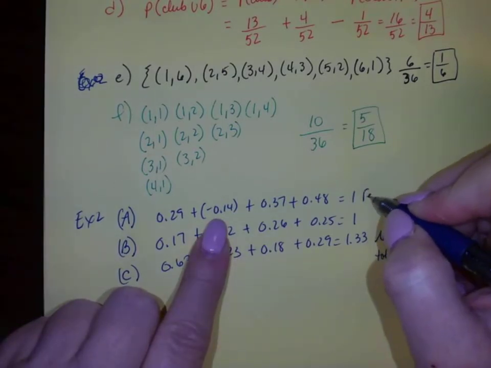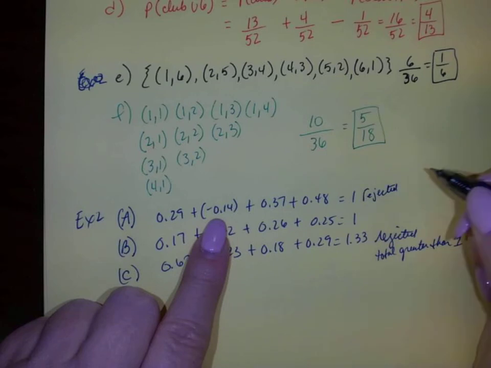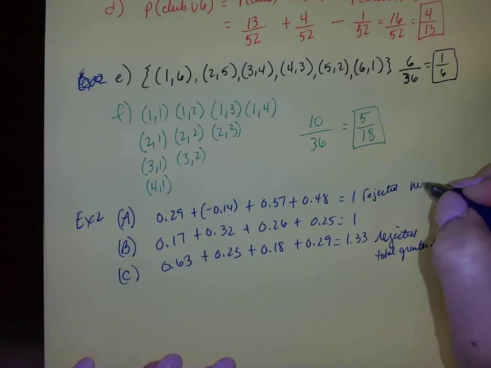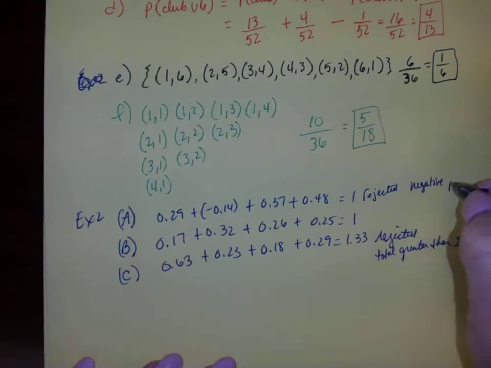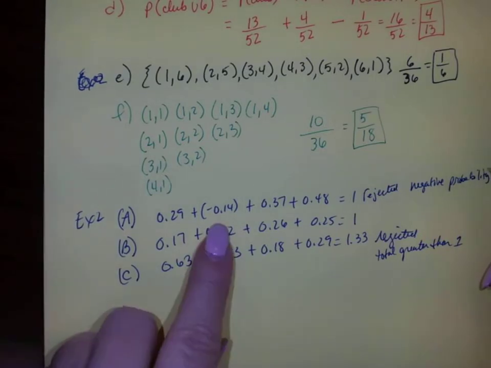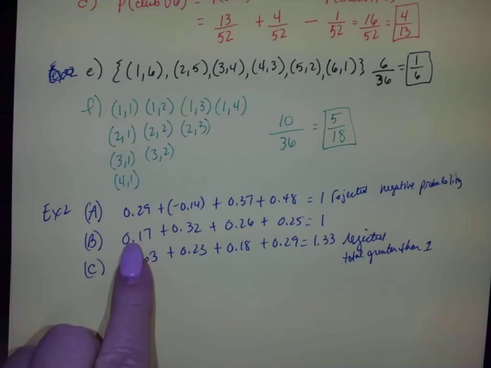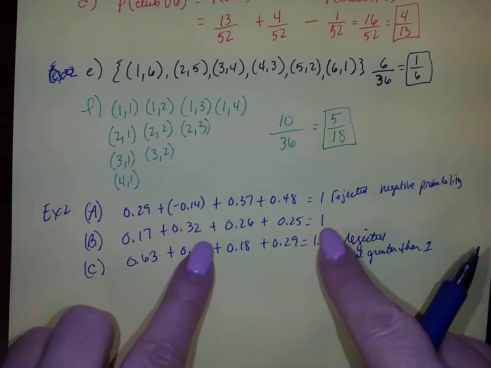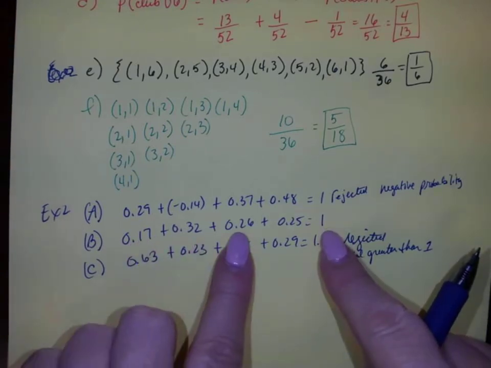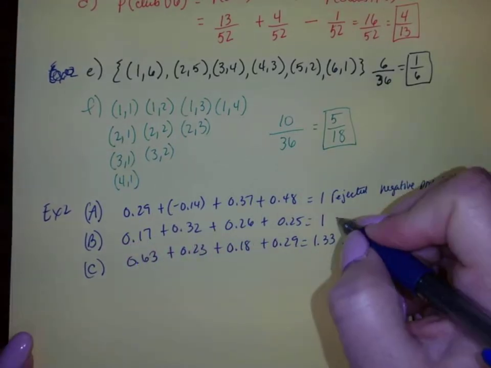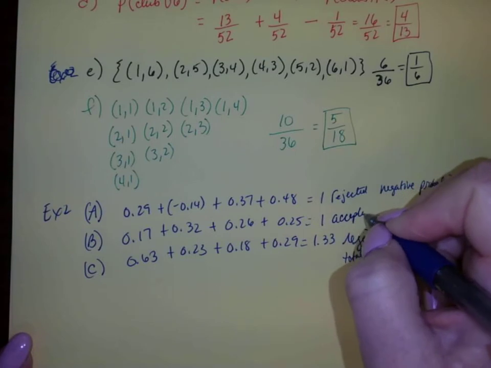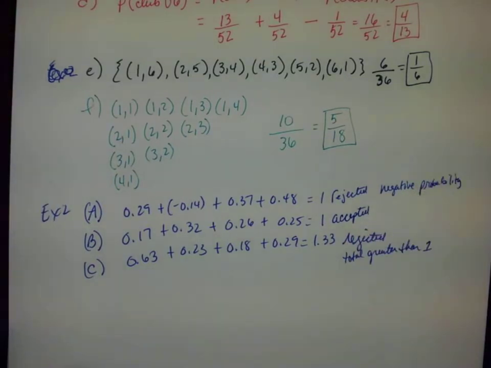So this one will be rejected because we have a negative probability, and that's the second term right there. And then this one equals 1, which is a good thing, and I see no negative probabilities, so this one, B, would be the only one to be accepted.